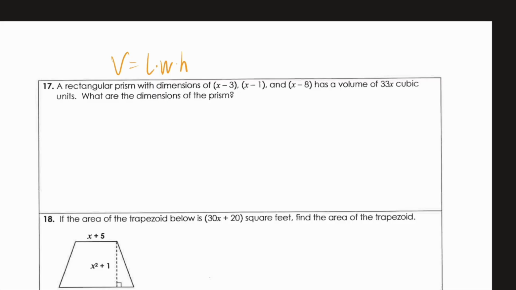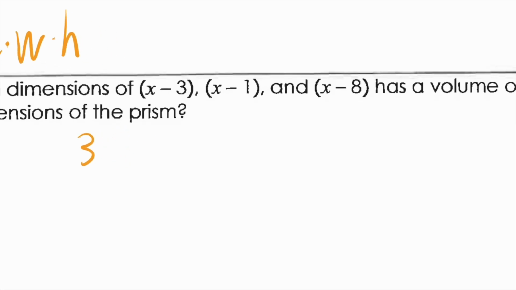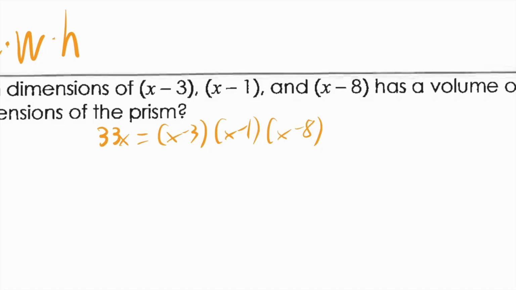And so what we're going to have to do is set this to be 33x, our volume, equals the multiplication of each of these parentheses, x minus 3, x minus 1, and x minus 8. And in order to solve these, I remember that I need to get it equal to 0, but before I can subtract 33x from both sides, I need to expand this by multiplying these all out.